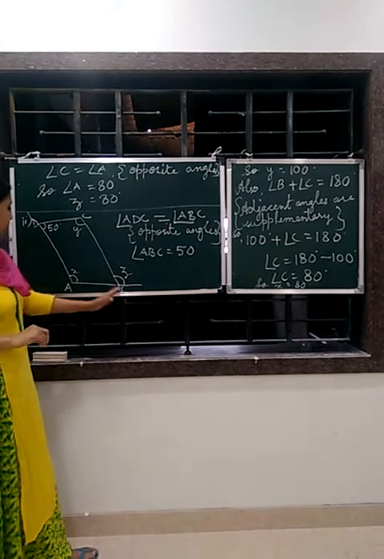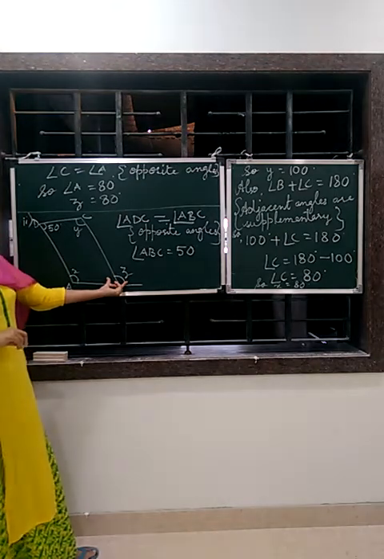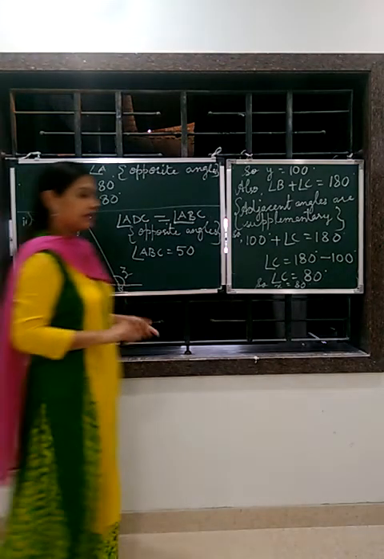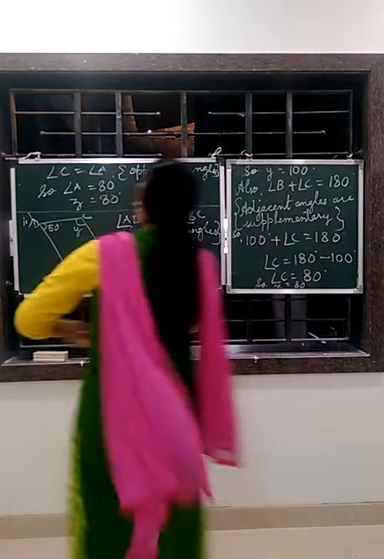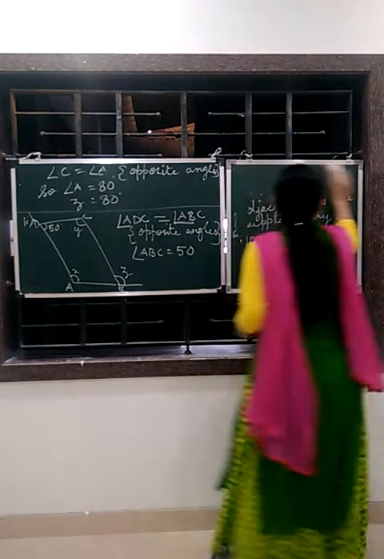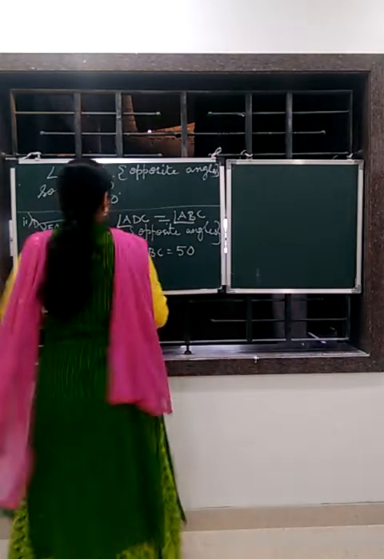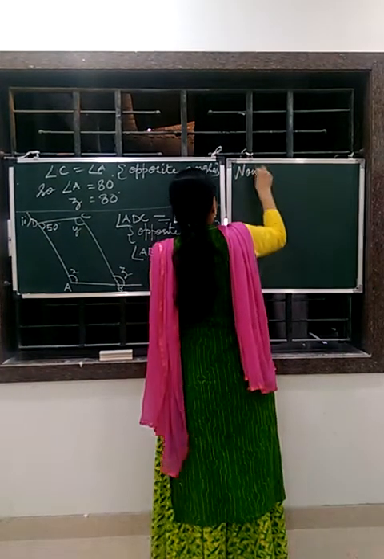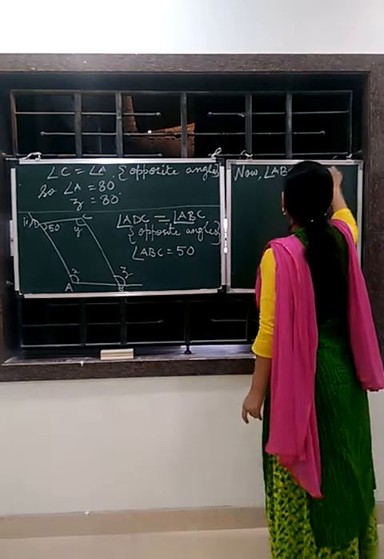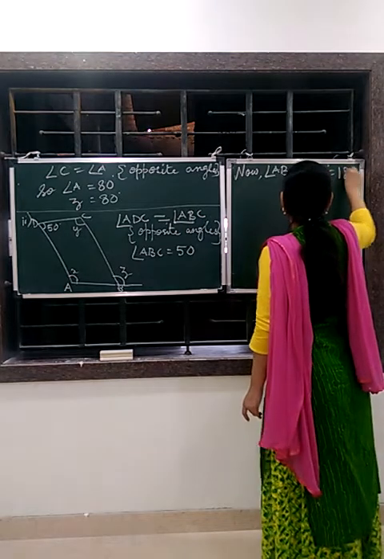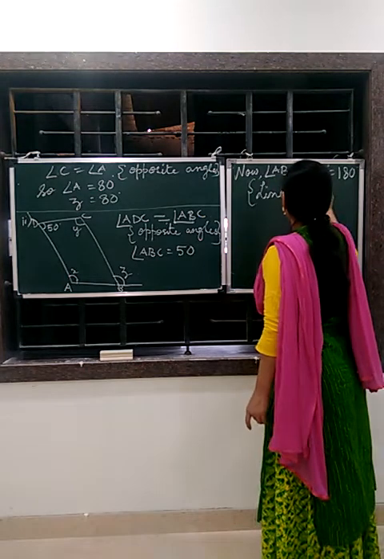Now angle ABC and angle Z are linear pair angles. So their sum will be equal to 180 degrees. So we will write that. Now angle ABC plus angle Z is equal to 180 degrees. In brackets you can write linear pair angles.